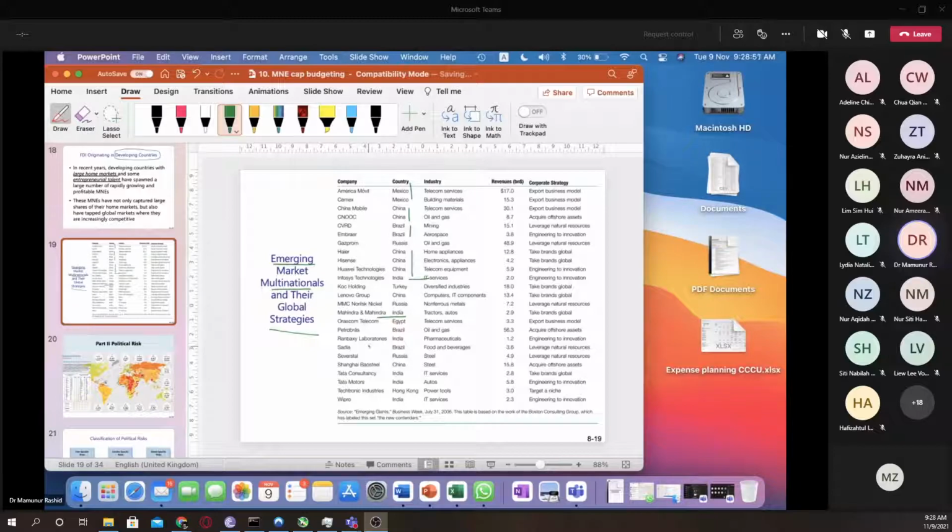Some of these I also do not know. Shanghai Baosteel is from China. Tata Consultancy is a Tata subsidiary from India. Tata Motors is another famous company from India. Tata actually owns a lot of companies, a lot of good auto companies in the world.